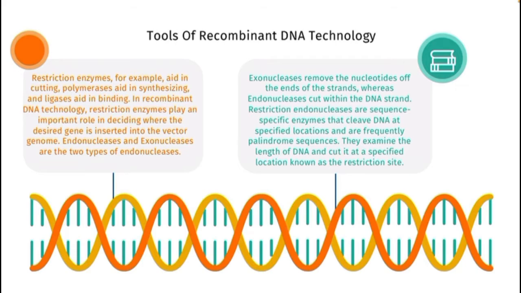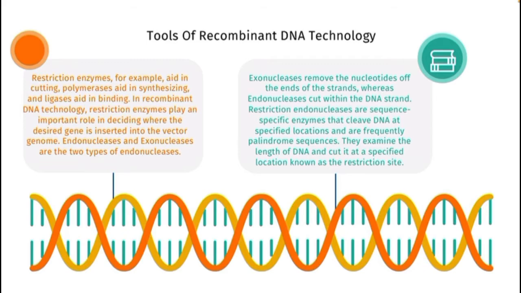The endonucleases cut within the DNA strand, whereas the exonucleases remove the nucleotides from the ends of the strands. The restriction endonucleases are sequence specific, which are usually palindrome sequences, and cut the DNA at specific points.